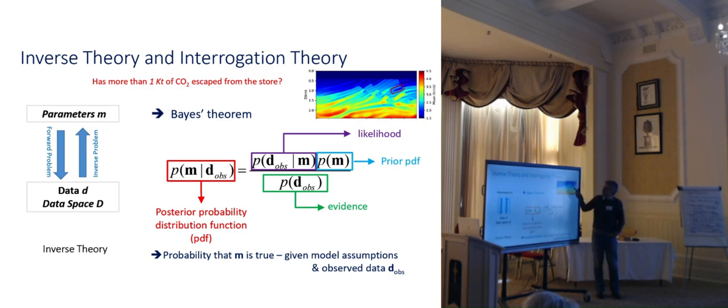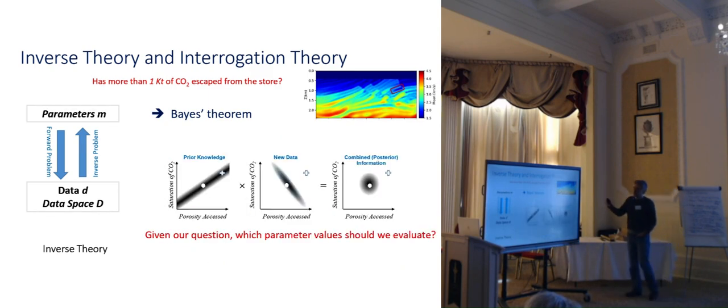And actually, we might be interested in just a part of the image. Let's say this little anomaly here, which might be our reservoir of interest for our CO2 store. And actually, we only want to answer that binary question: has more than a kiloton of CO2 escaped from that store?